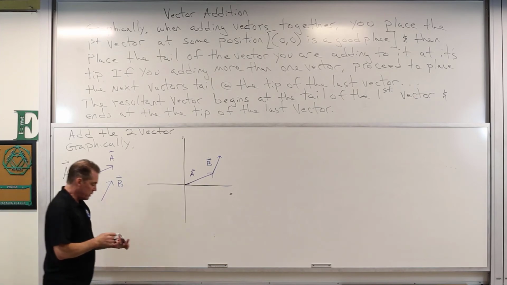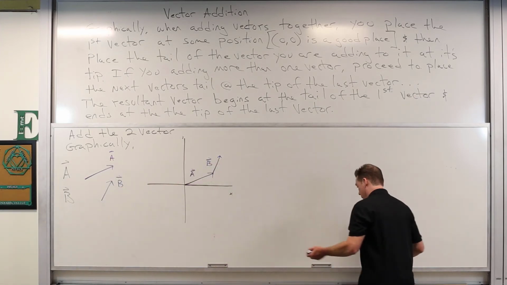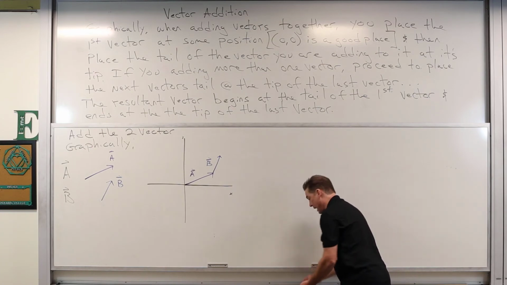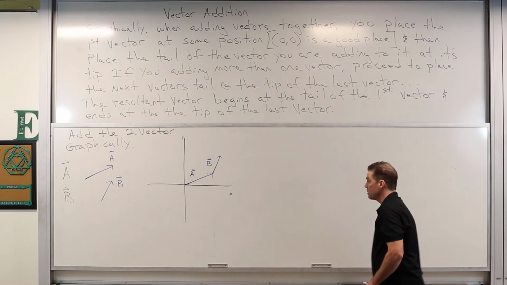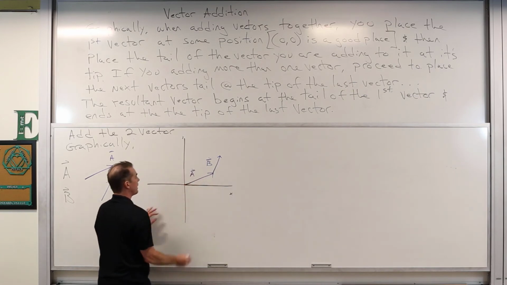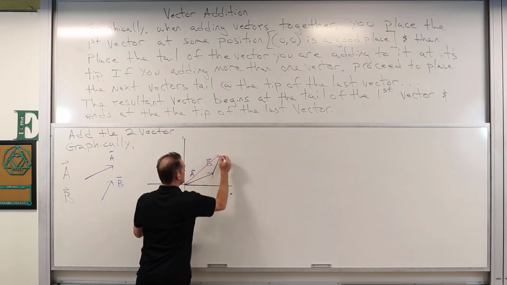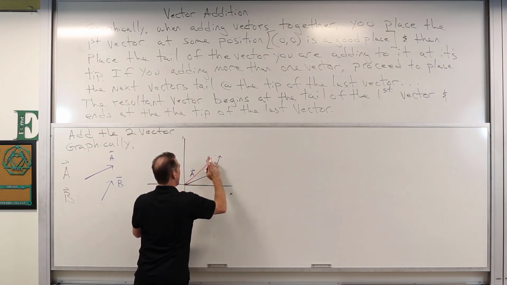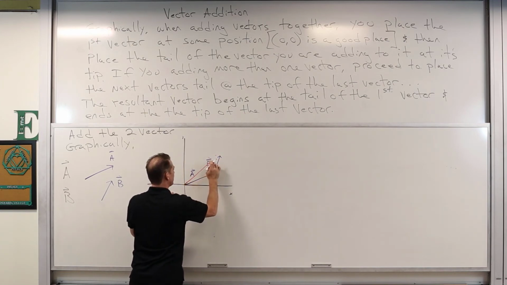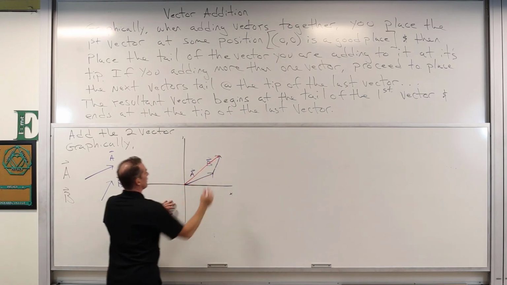The vector that results, we could call C hat, if you will, or whatever really we want, A hat plus B hat, starts at the tail of the first vector and ends at the tip of the last vector. So we've got this. That was messy. Let's just do this. That looks okay.